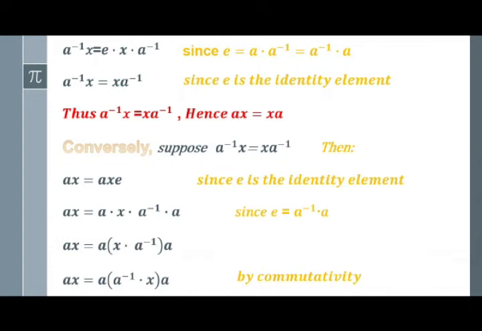And remember that in our first step, we said that suppose A inverse times X is the same as X times A inverse. Then we have AX is equal to A times A inverse times X times A.